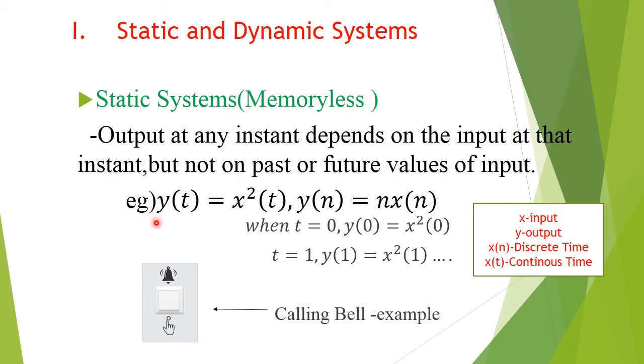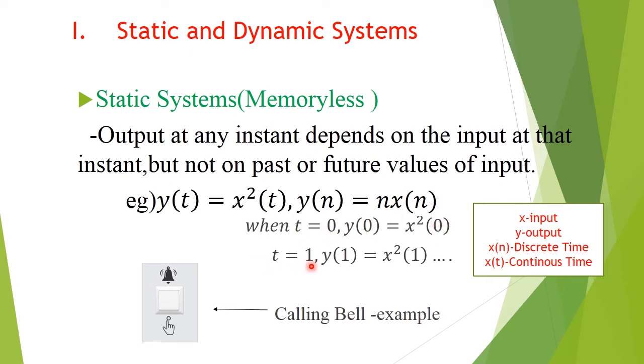Right, for example, y of t equal to x square of t. This is for continuous time. Then for discrete time, y of n is equal to n into x of n. So when t is equal to 0, what happens? y of 0 equal to x square of 0. That means the output at time t equal to 0, we are having the input at the same time t equal to 0.